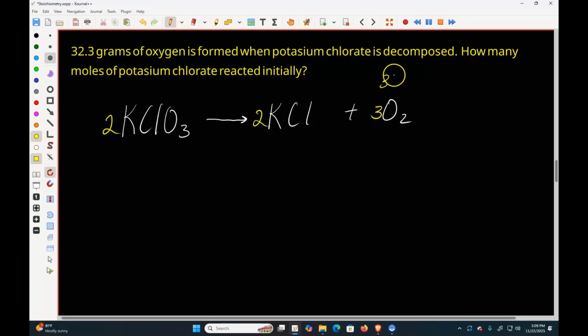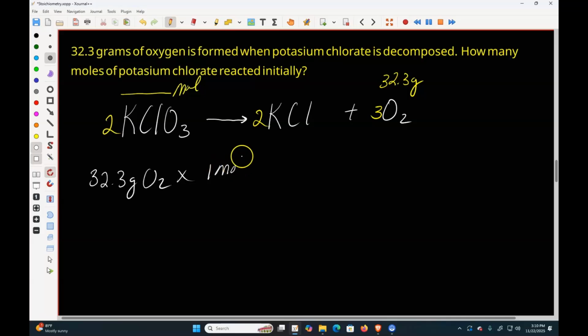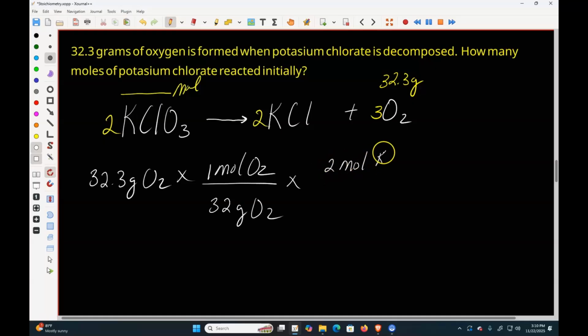I have 32.3 grams of oxygen. I'm looking for moles of potassium chlorate. So we start with the oxygen, 32.3 grams of oxygen. Convert it into moles. The ratio step will be 2 moles of KClO3 over 3 moles of oxygen.